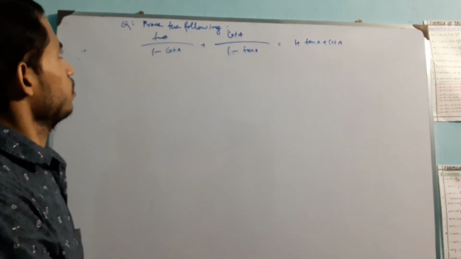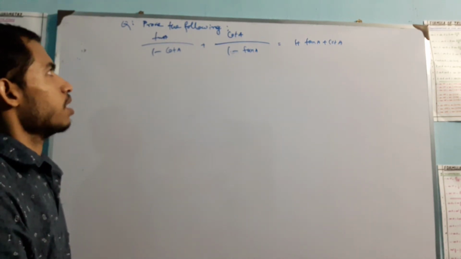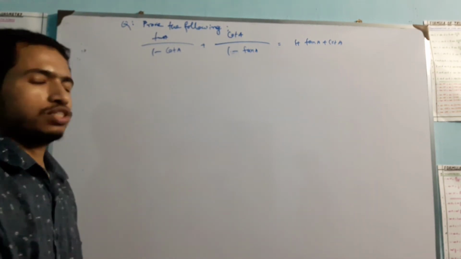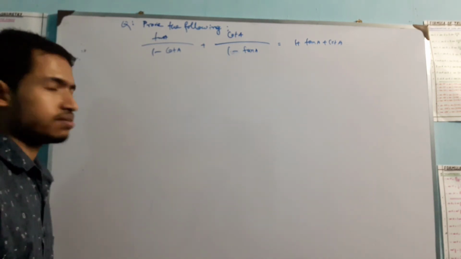Hello. The question is saying that prove the following: tan A by 1 minus cot A plus cot A by 1 minus tan A equals 1 plus tan A plus cot A. Now writing down the left hand side here.